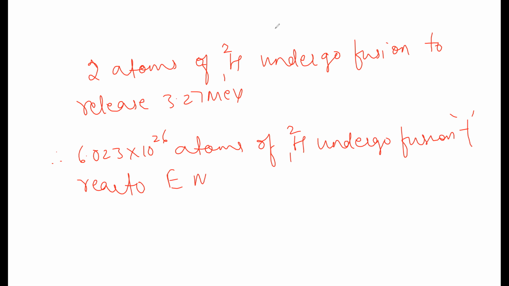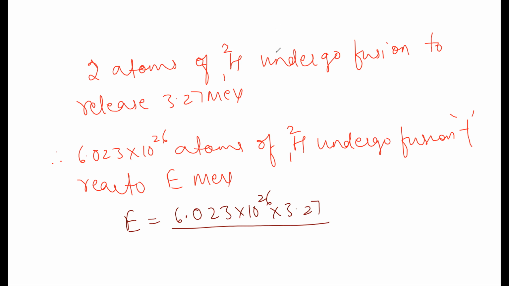To calculate how much energy is released, by making cross multiplication it is calculated as 6.023 into 10 to the power of 26 into 3.27 divided by 2.